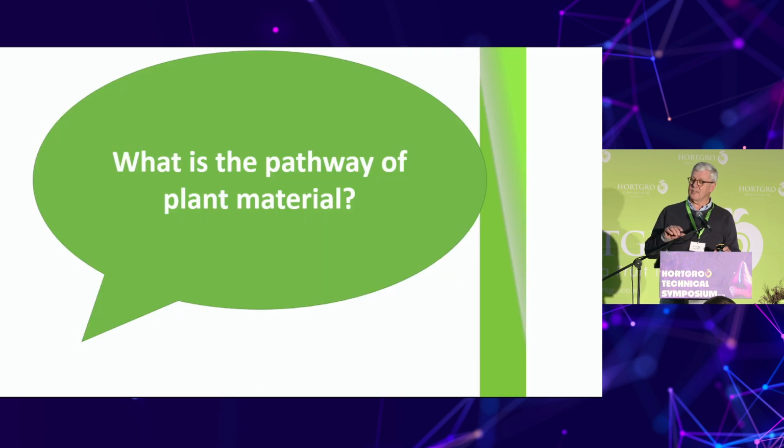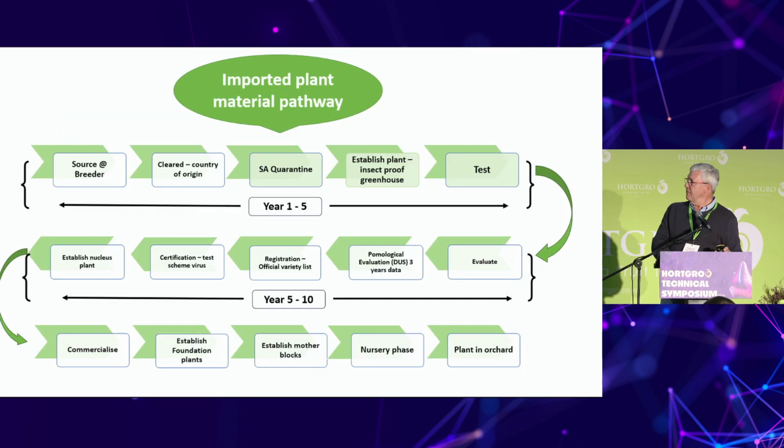So if we look at the pathway of plant materials, you don't have to look at every single element of that flow diagram, but what is important to understand, and this is in support of the IP owners that bring many cultivars through, is the point where that cultivar is identified.